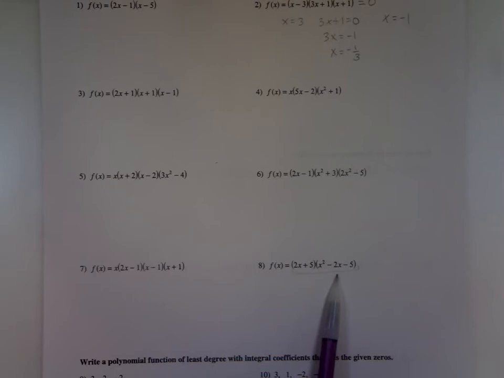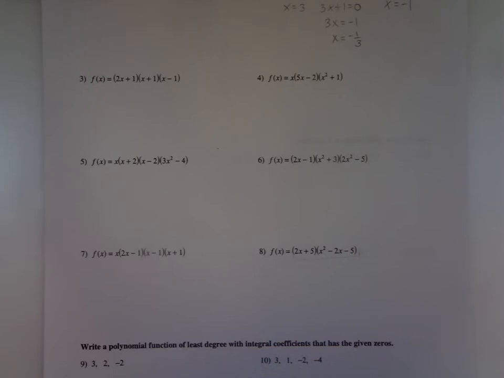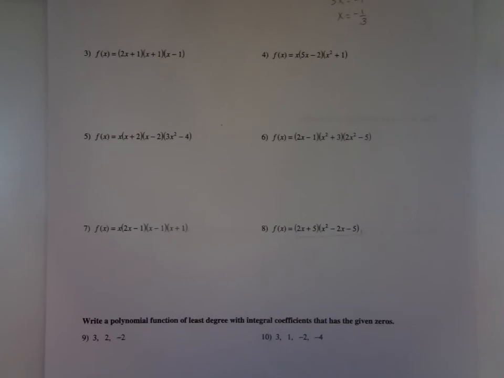So when we set that equal to 0, we are going to have to use the quadratic formula. So just a note there. Sometimes you will end up with quadratics that can't be factored down any further, and you will end up having to use either the quadratic formula or completing the square.